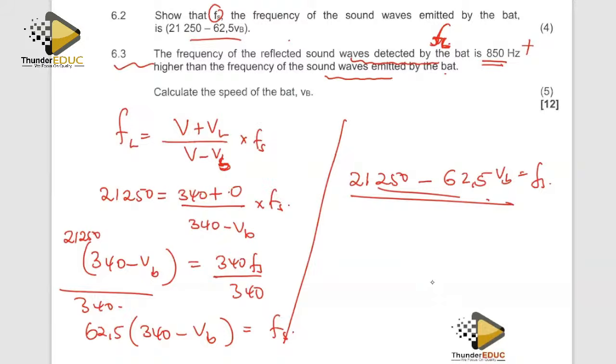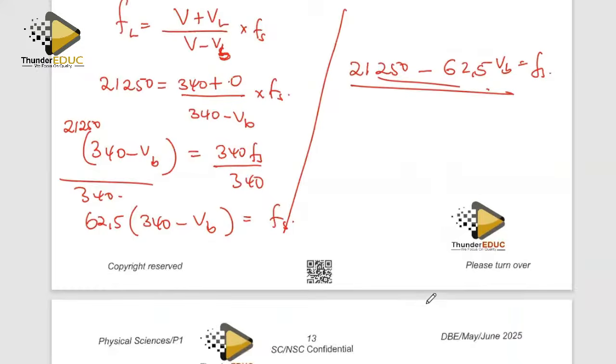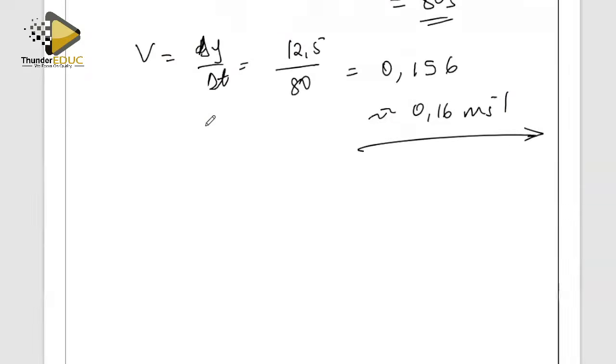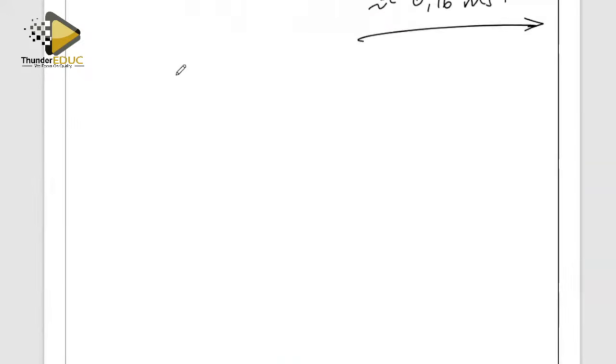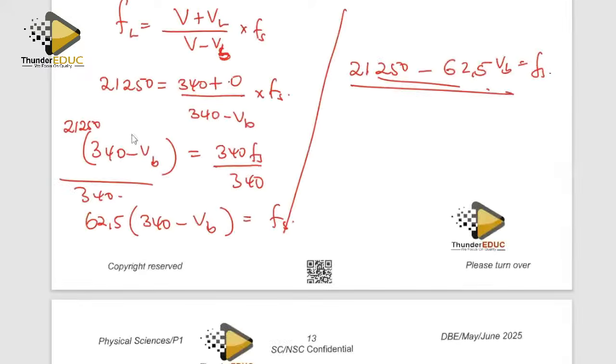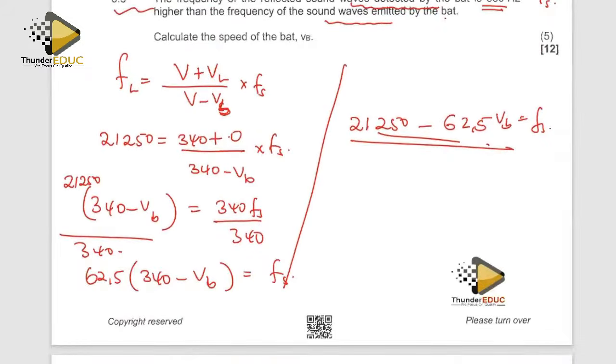So it's 850 plus the frequency of the source, which is going to be 850 plus this whole expression. So what does that give us? Let's go down again. We're still using the Doppler formula. So this is 6.3.